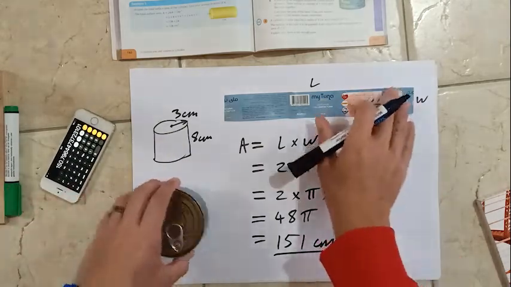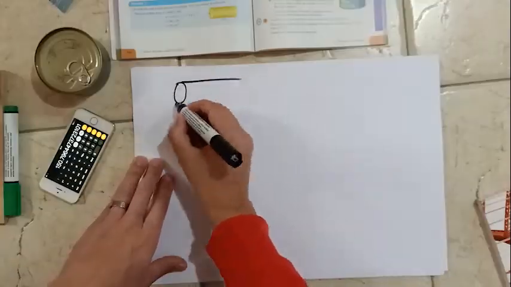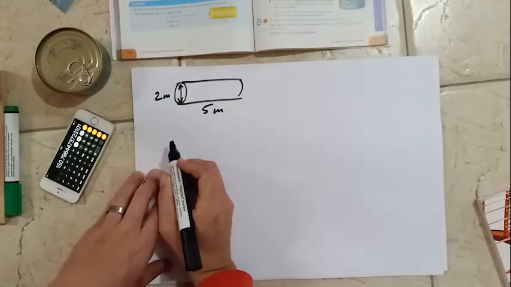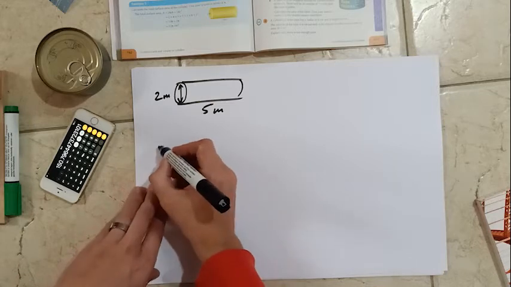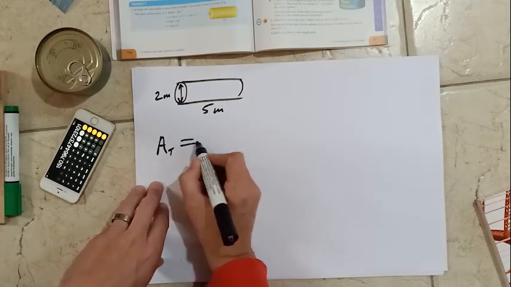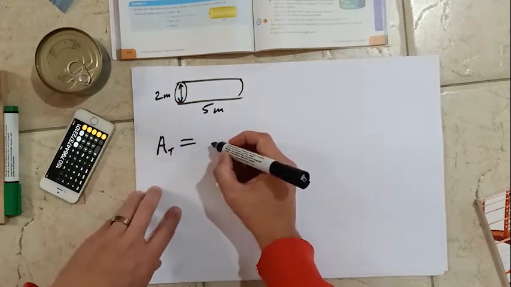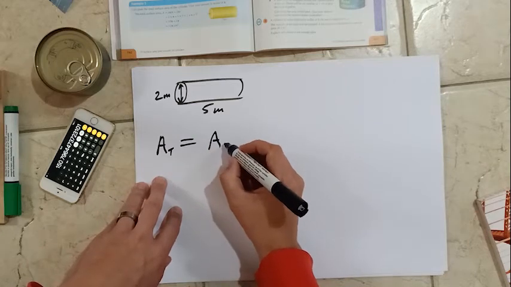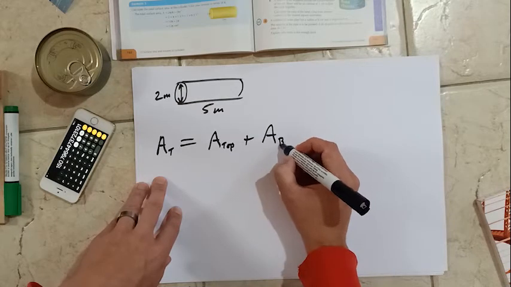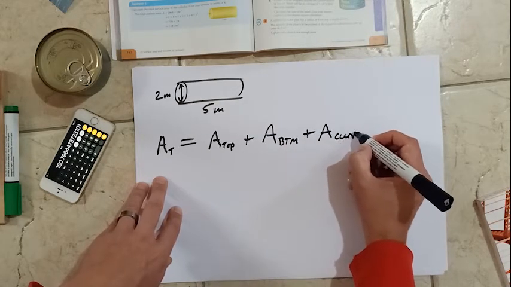Awesome. And the next example. It says calculate the total surface area of the cylinder. So the total area, A total, is equal to the area of the top plus the area of the bottom plus the area of the curved face.